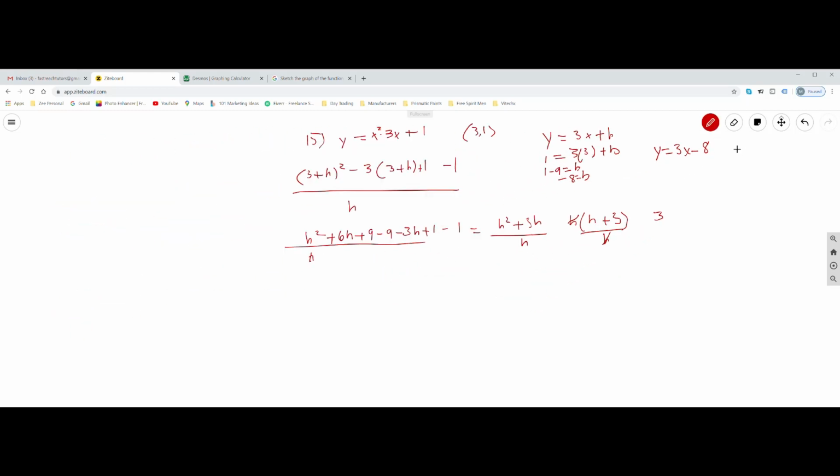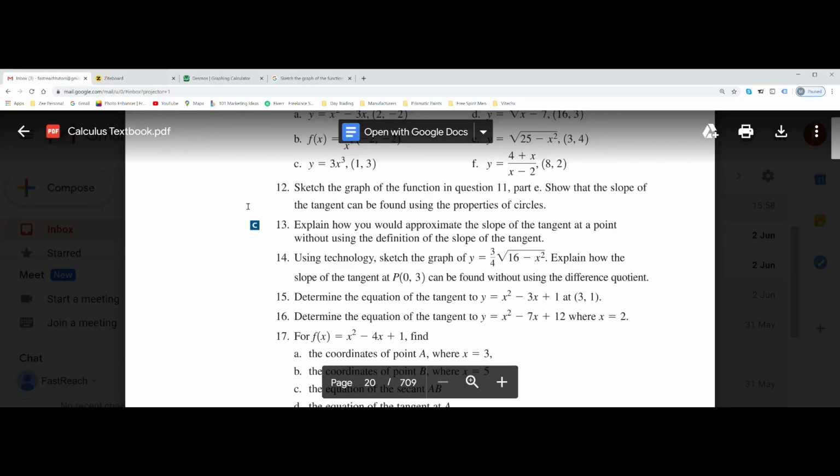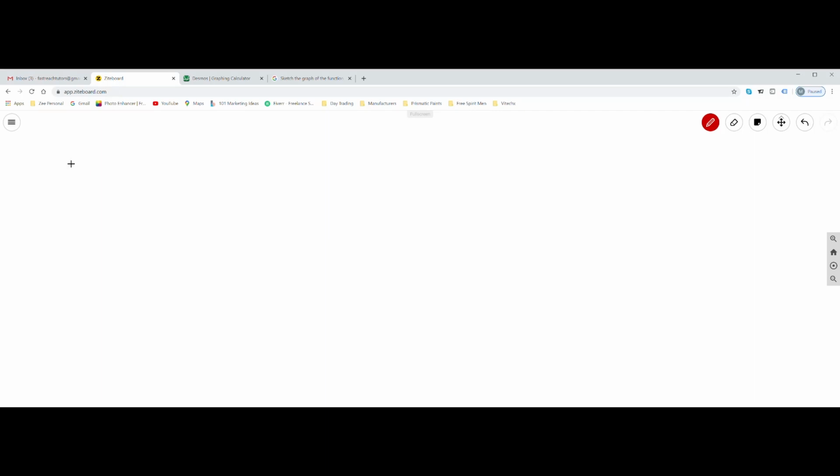Now let's clear that. Let's look at 16. 16 is x squared minus 7x plus 12. X equals 2. Y equals 2.